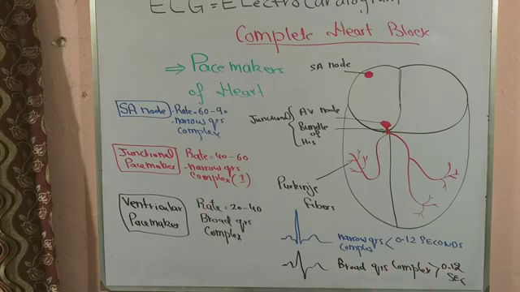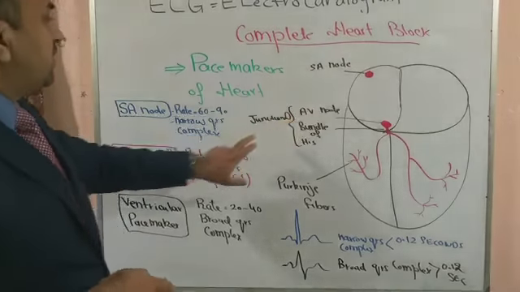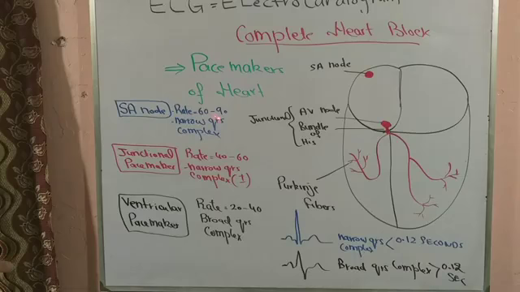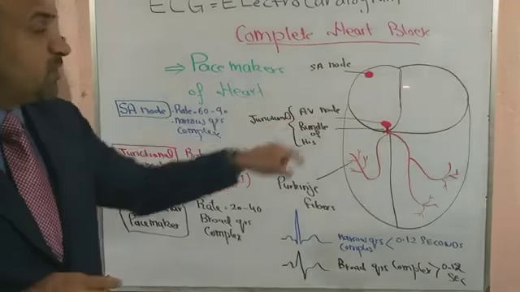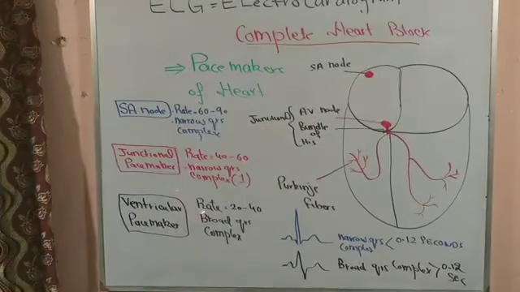So normally when the heart is being run by the SA node, sinoatrial node, and it is throwing impulses at a rate of 60 to 90 times per minute, everyone in the family of the conduction system and the ventricular muscles of the heart are happy obeying the commands of the pacemaker which is generating the most number of impulses.